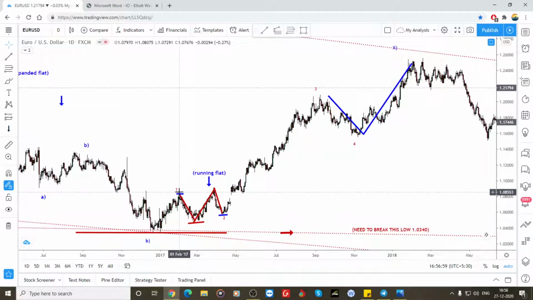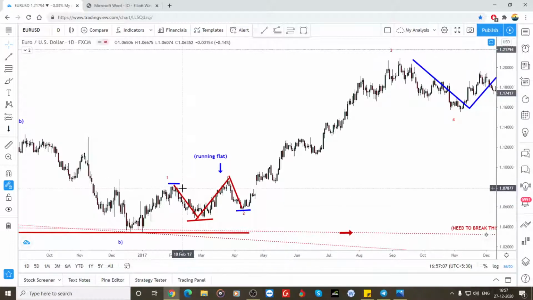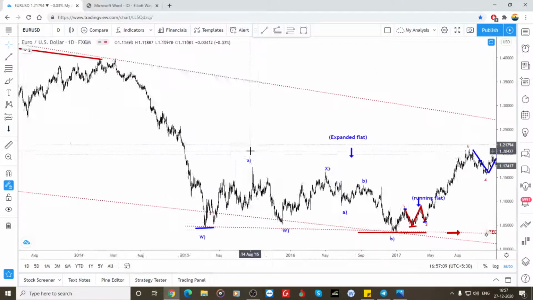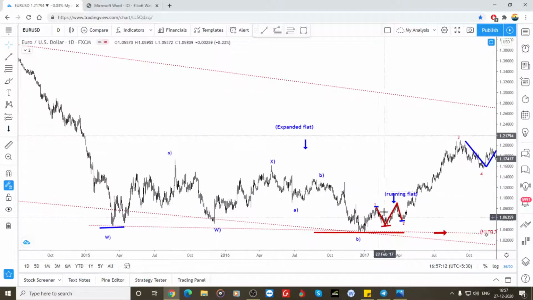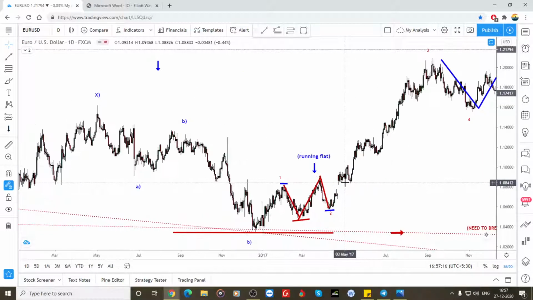Once it completed, it got a rejection and then made a higher high. Only after that we come to know it is going a little bit bullish for the short term, but we didn't know how much it will go.